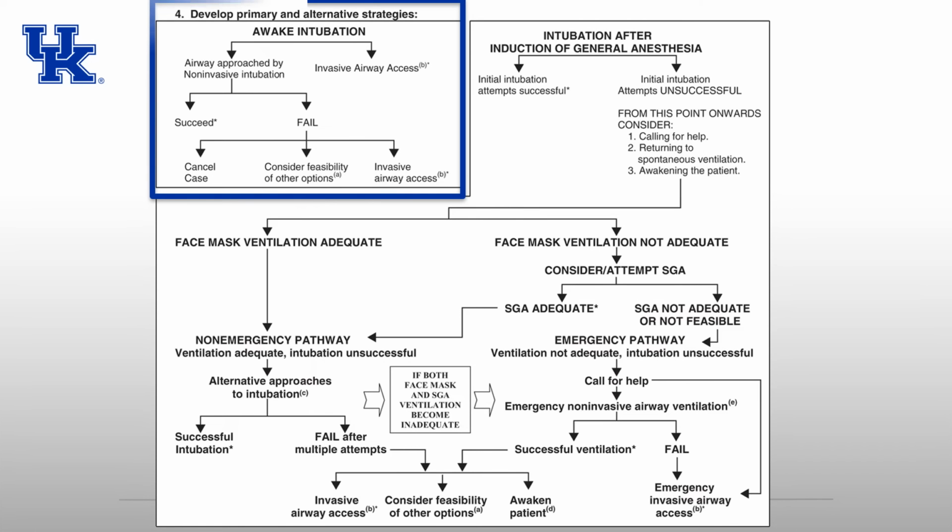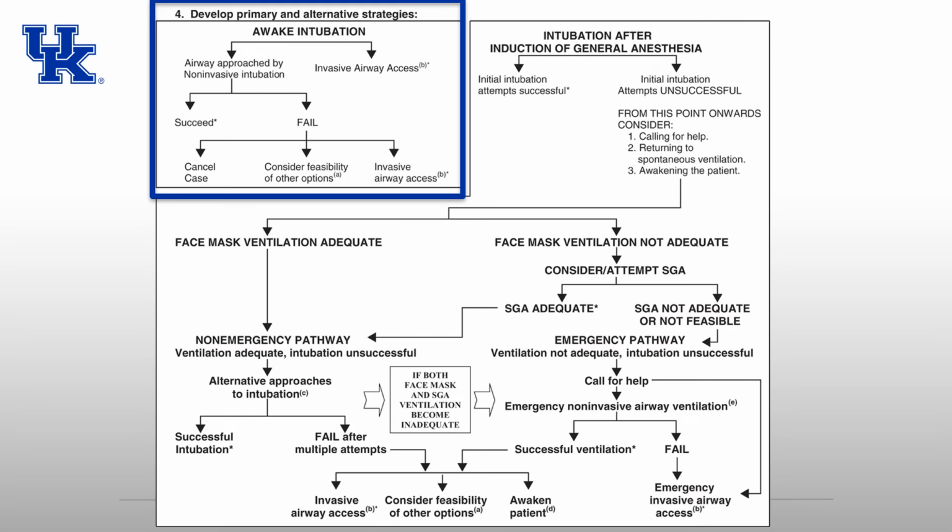So the first part of the difficult airway algorithm is on the top left of this screen. It's when you've evaluated your patient and decided that it is unsafe to attempt an asleep intubation. So you've decided to do an awake intubation. So you attempt a non-invasive intubation, and then if you succeed, wonderful, you can put the patient to sleep and then continue with your case.